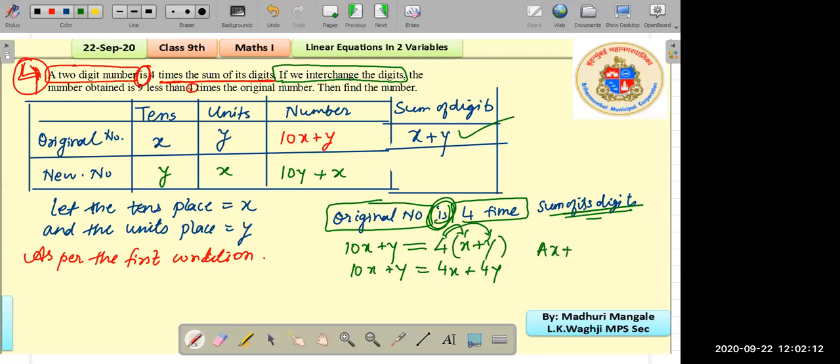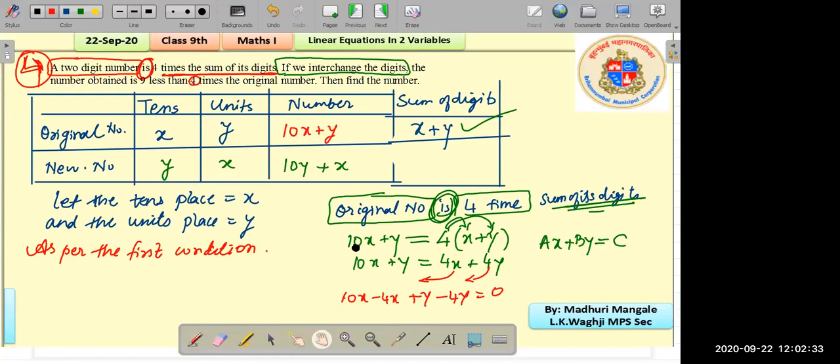Because the standard form is ax plus by equals to c. We want the x terms and the y terms on the left. So these terms are going to move to the left, right? So that will be 10x minus 4x plus y minus 4y equals to 0. That gives us the first condition.